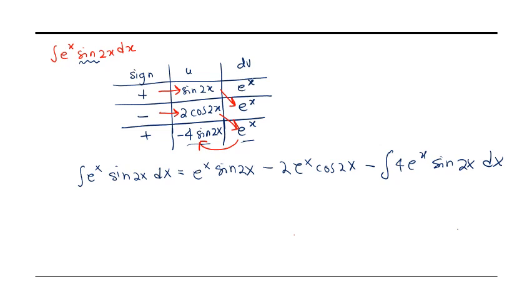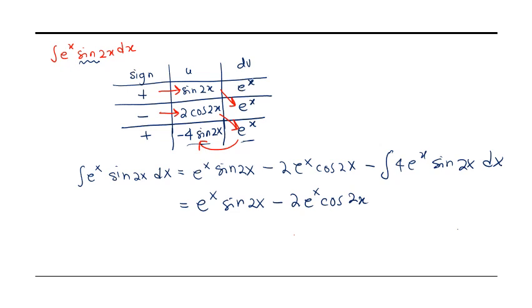Kenapa dia jadi 5? Tadi kita jadi 3. Okay, tak apa. Sekejap kita check yang tadi. So, the answer is exponent x sin 2x minus 2 exponent x cos 2x. Ni kan tadi sama dengan soalan.